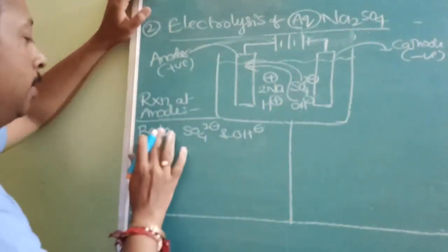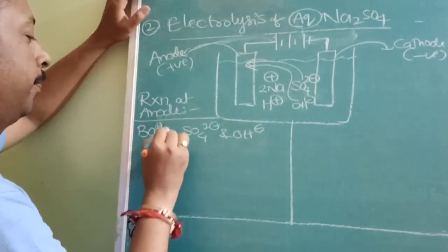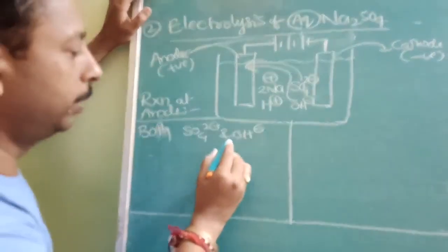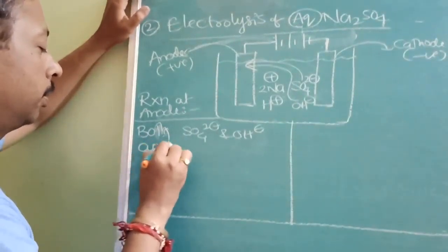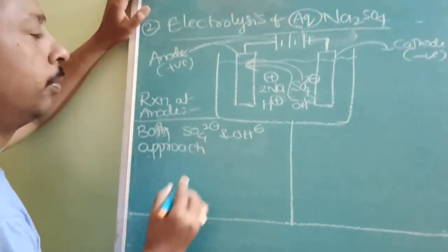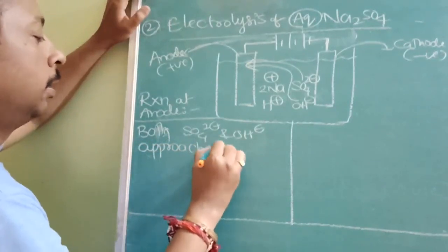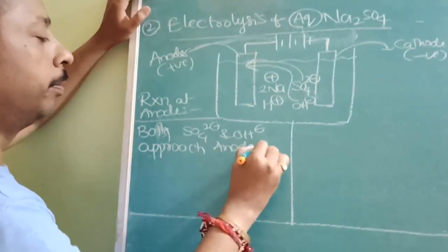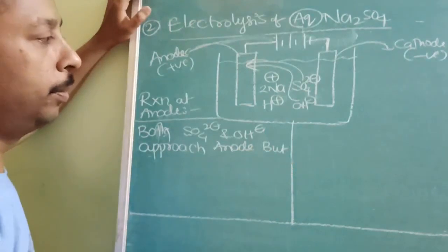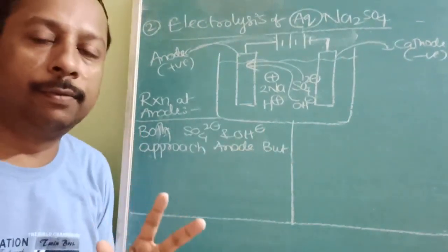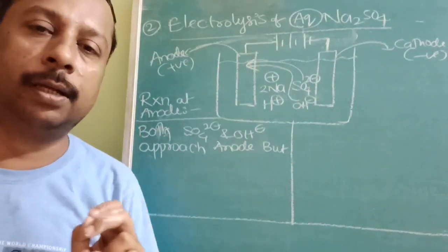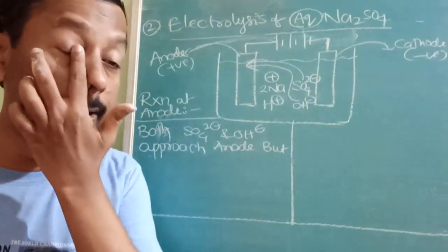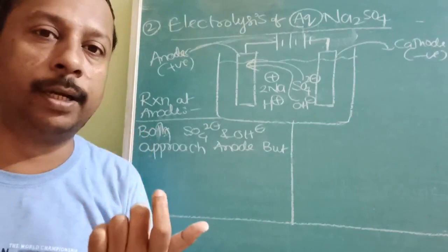Both SO4 2 minus and OH minus approach the anode. But the main problem is that only one of them gets the chance to discharge.